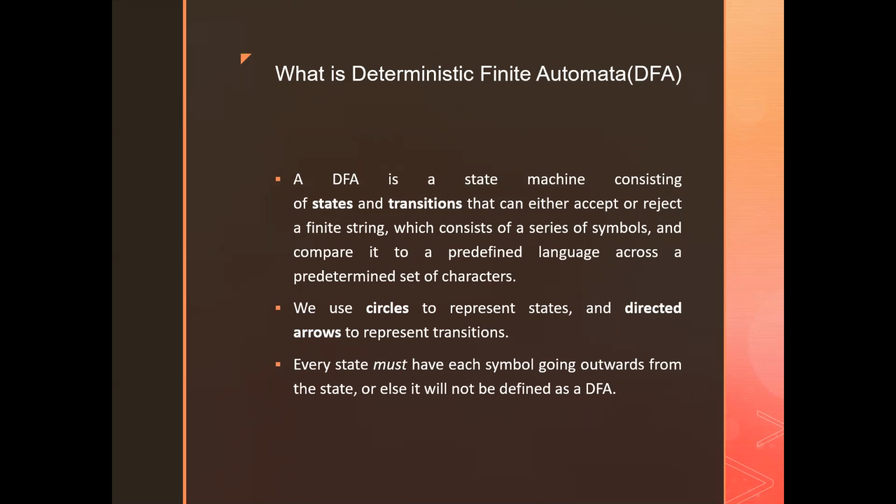With the help of those transitions, you can move from one state to another depending upon the input symbol, and then it will process the entire input string and finally that string will be accepted or rejected by your DFA. Here also the states are represented with circles and transitions with directed arrows.